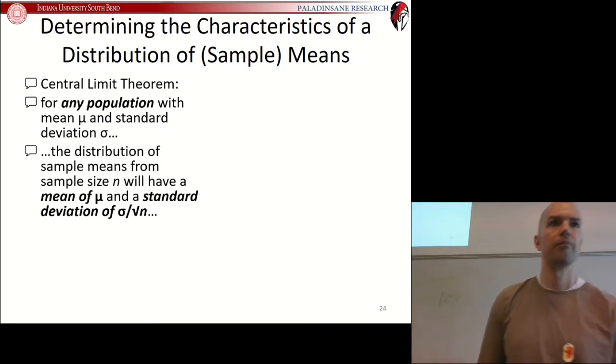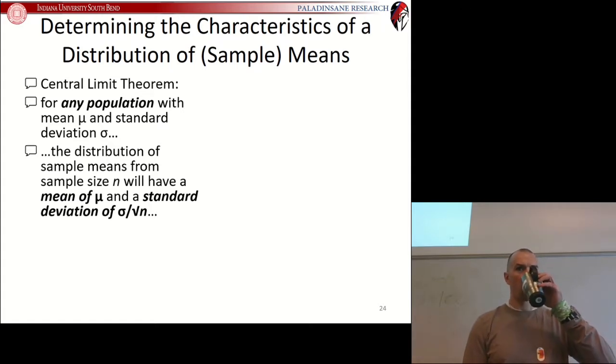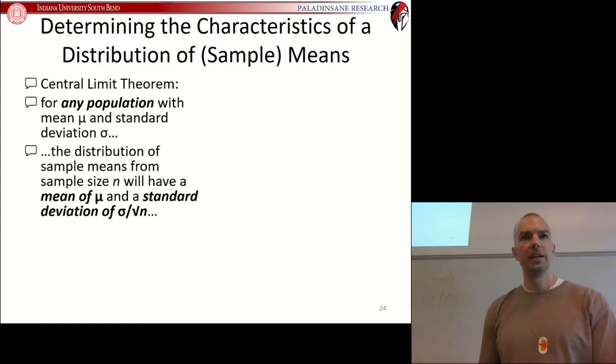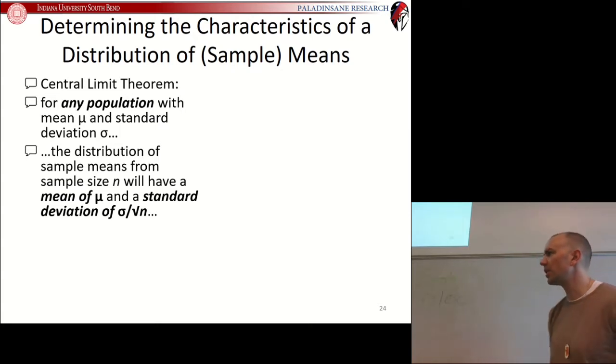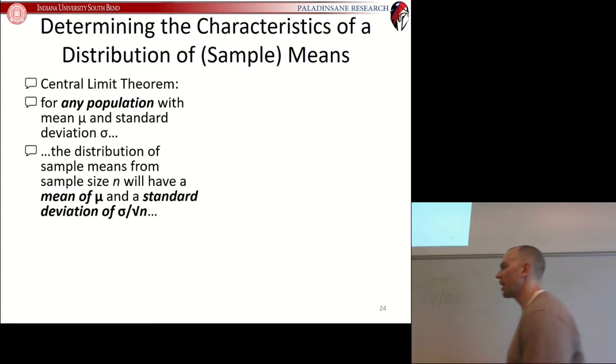Yep? If the standard deviation is smaller, how is it easier to tell the differences? It's a good question. So if the standard deviation is smaller, how is it easier to tell what the differences are? So if you have a sample with a certain sample mean, that sample mean is going to give you a z-score, right?